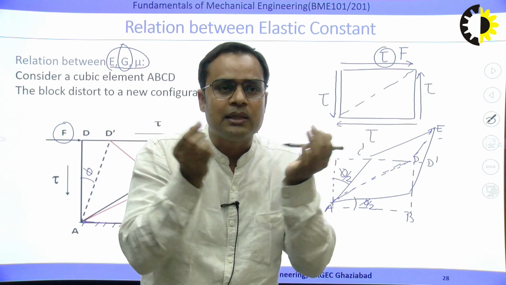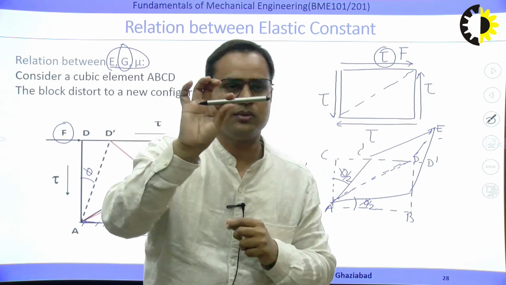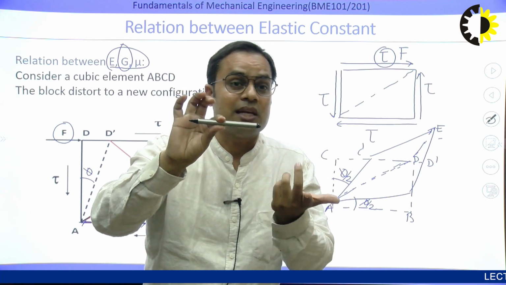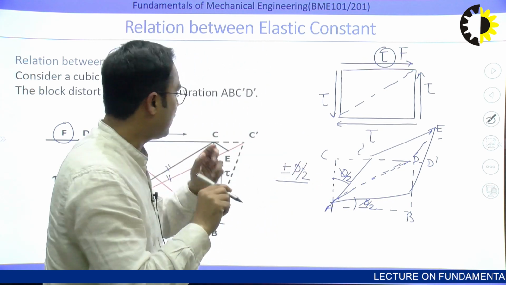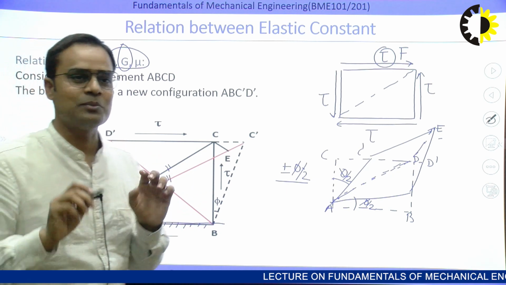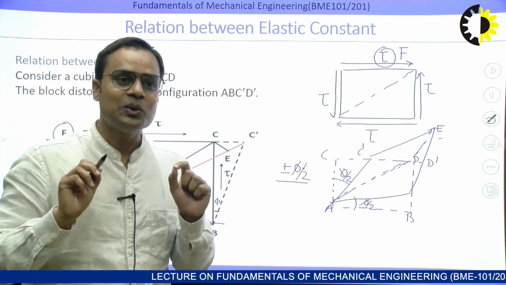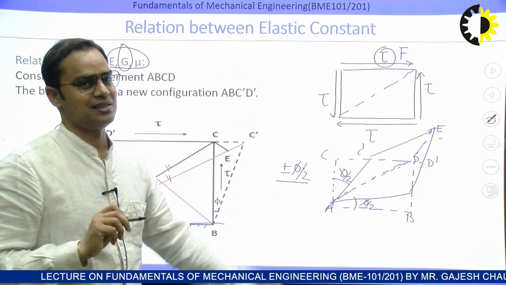Whenever we apply the normal load. If the load is tensile, the length of the object will increase. So if any member is under pure shear, one diagonal is subjected to the tensile stress. Due to that, the diagonal changes to the final position, AC to AC dash.